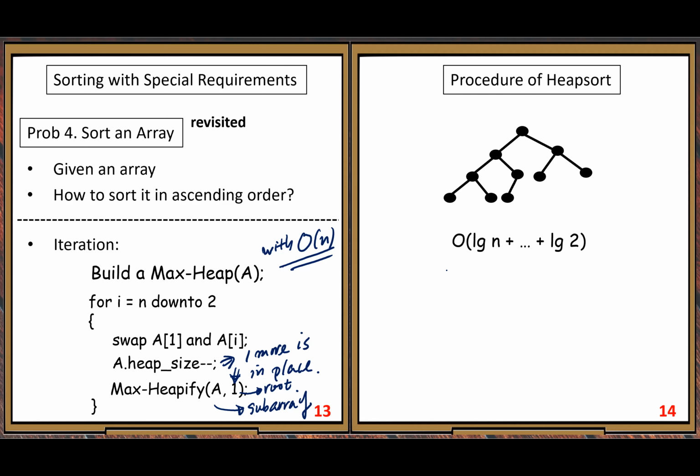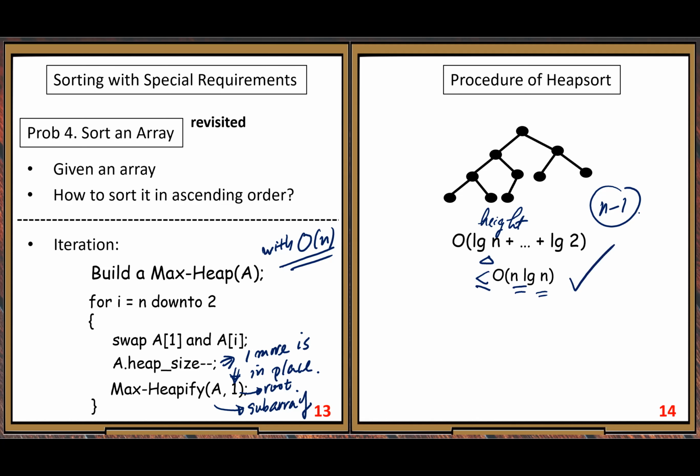The sorting cost: when the heap has n elements, the cost is log of n. With n minus 1, the cost is log of n minus 1. Why this much? Because that log corresponds to the height. You're adding up n minus 1 terms, so that will be less than or equal to n log n.